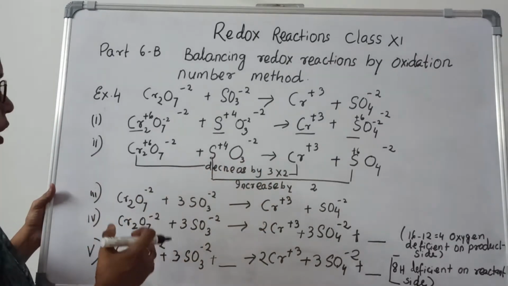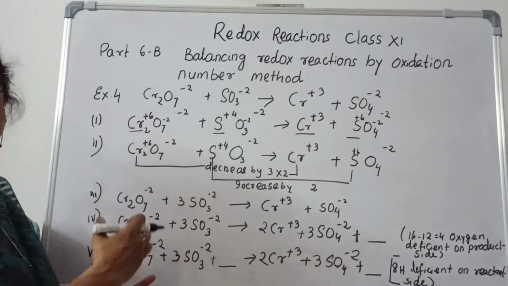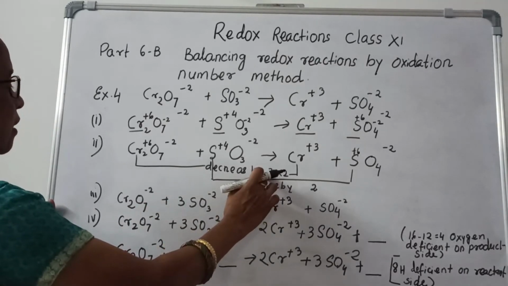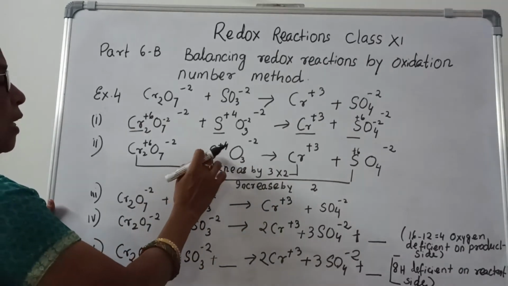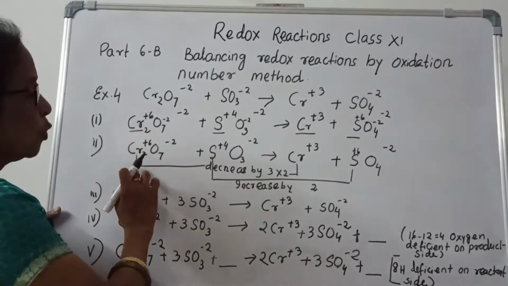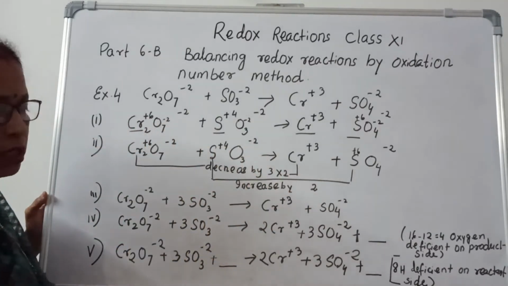So I told you how you can equate the oxidation number on the reactant side. See here, since it is 3, SO3 should be multiplied by 3, because chromium changes by 3, the 2 cancels.